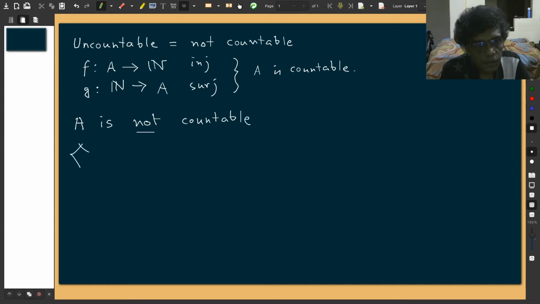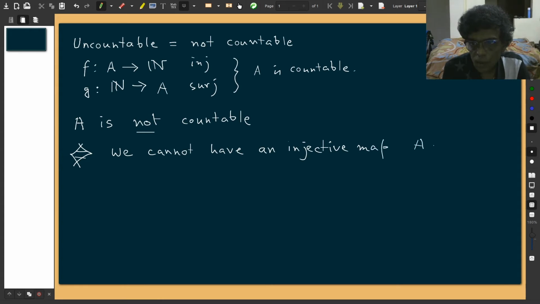One possibility is you cannot have an injective map from A to N. This is one way of doing it.